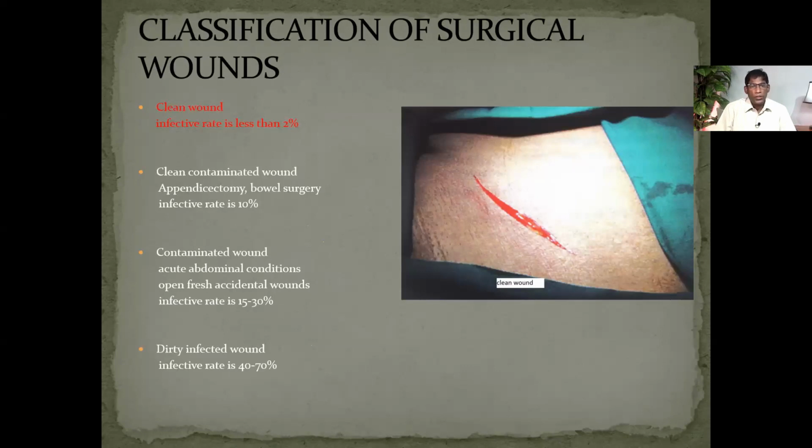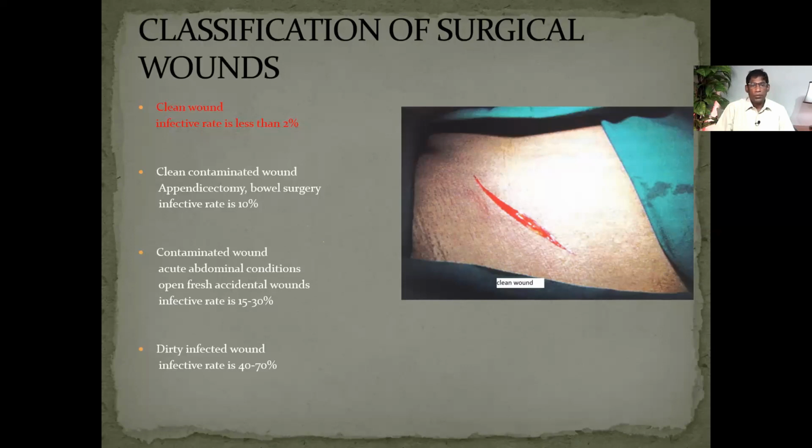Clean wounds are surgical incisions made with sharp instruments, where the infection rate is less than 2%. So we need not give any antibiotics in these kinds of surgeries, like thyroidectomy and inguinal hernias.